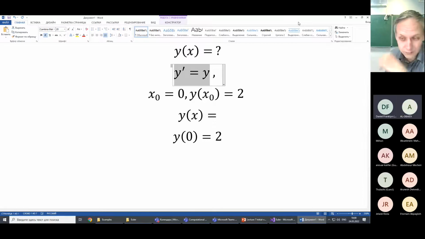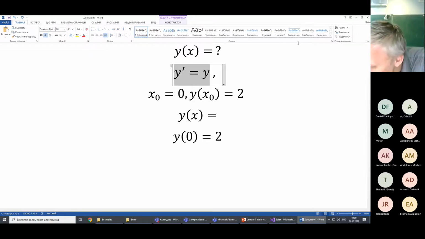Derivative of a constant equals 0. Well, no ideas. I think this question is not very complex.